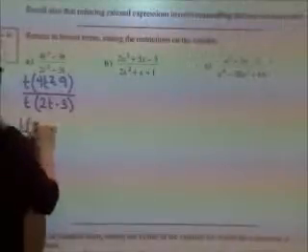So if I look on the top, I look at this binomial. Whenever we see a binomial, we should be checking for a difference of squares. Is that a difference of squares? Okay, so how would I factor that difference of squares? What would I get? 2t plus 3, 2t minus 3.